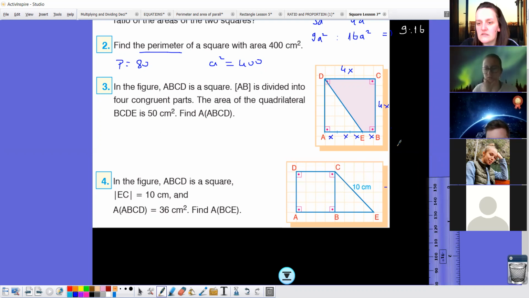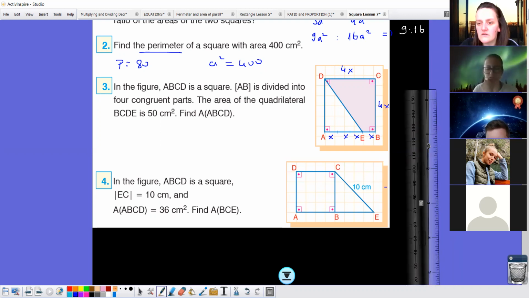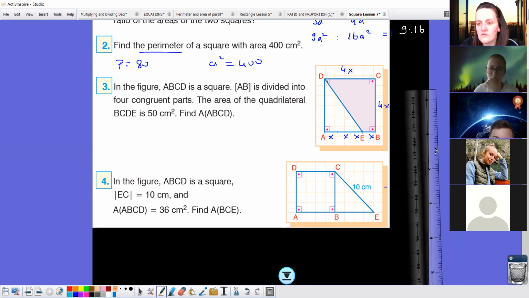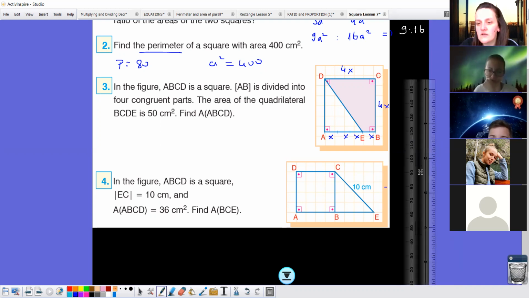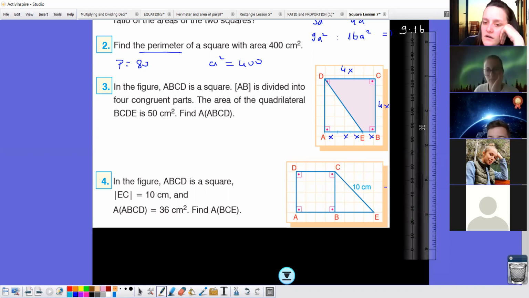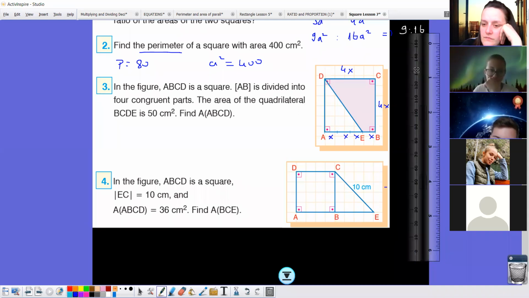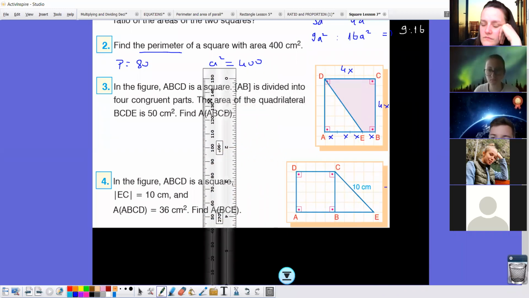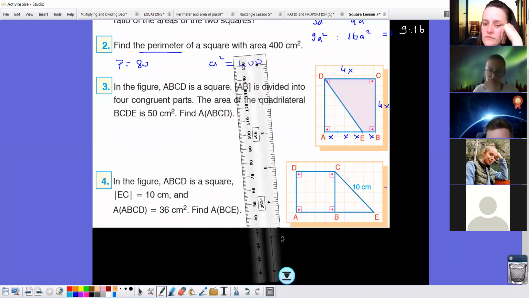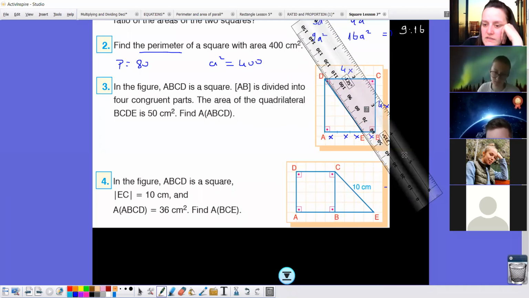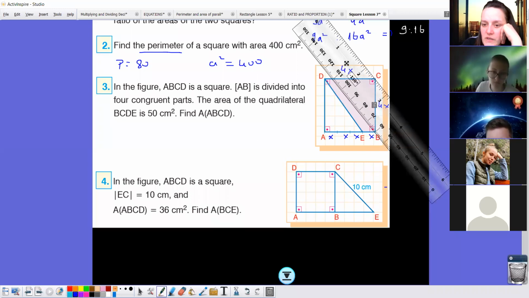If we do 4 different triangles, then teacher, we will have 4x times 4x over 2. Let's see. Do we have time? We have less than 1 minute. You mean like this?